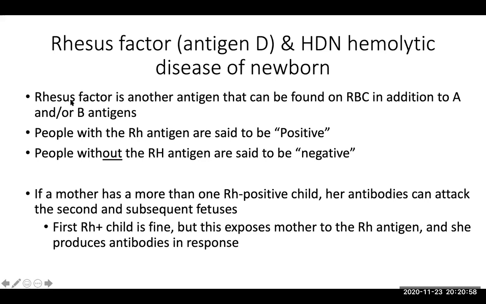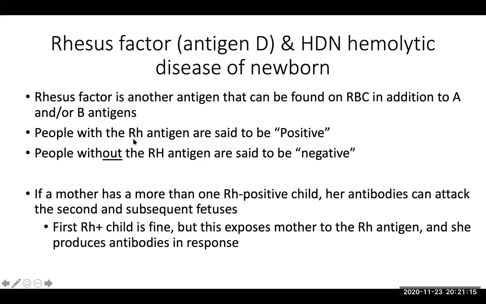They could attack those blood cells. And indeed, this happens. So we have to be very careful and we have to decide if someone is A positive or A negative, B positive or B negative, and so on and so forth.